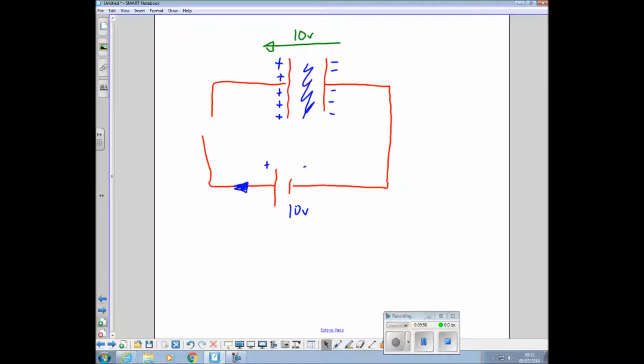It stores that charge. Because what do we know about charges, positive and negative ones? Why does an electron stay spinning around the outside of an atom? Because it's attracted to the positive charge of the protons in the nucleus.